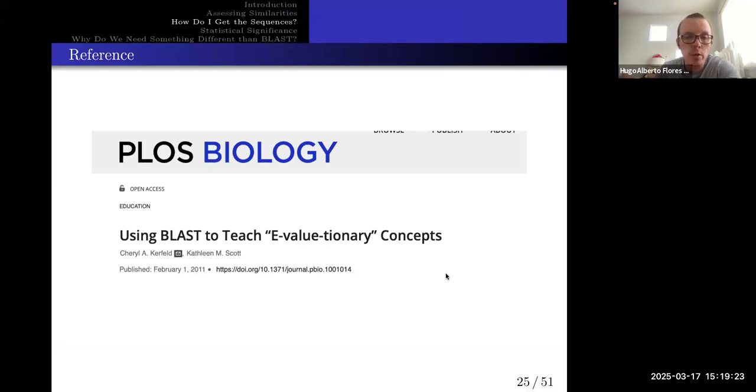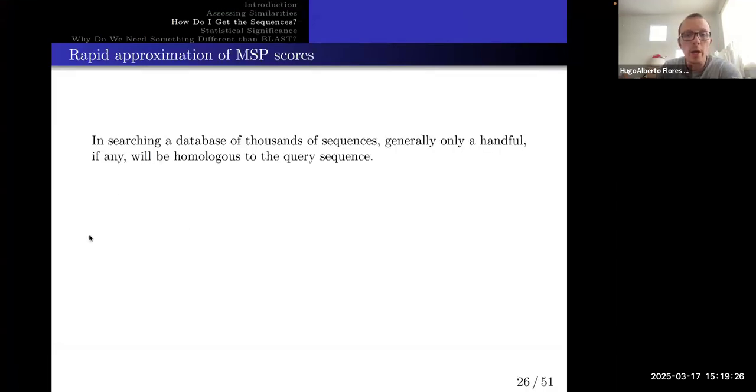But before jumping to that, I would like to highlight some things. The first thing is, when you are computing these maximal segment pairs and you're looking in a database of thousands of sequences, in general, there are just a few sequences that are homologous to the query that you are looking for.